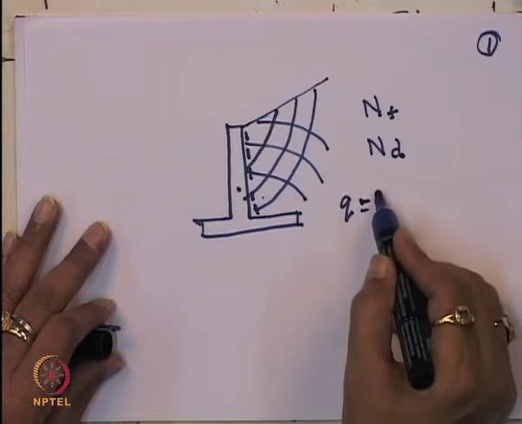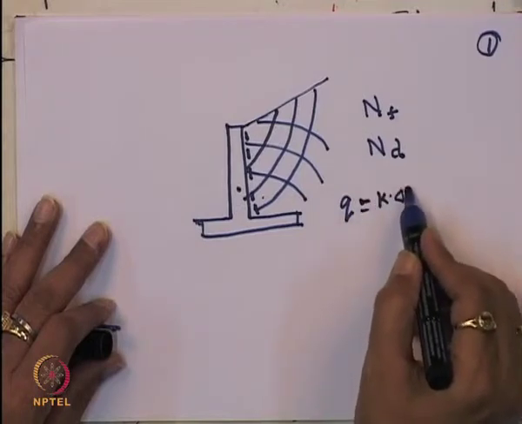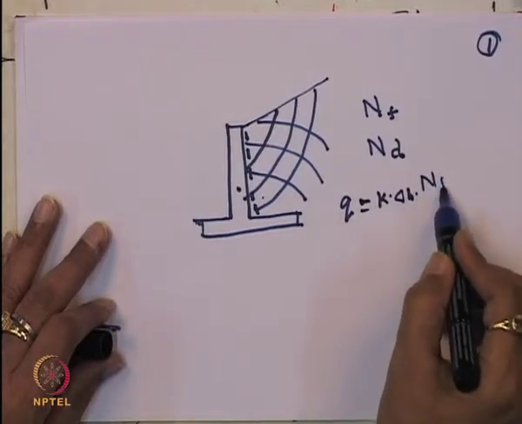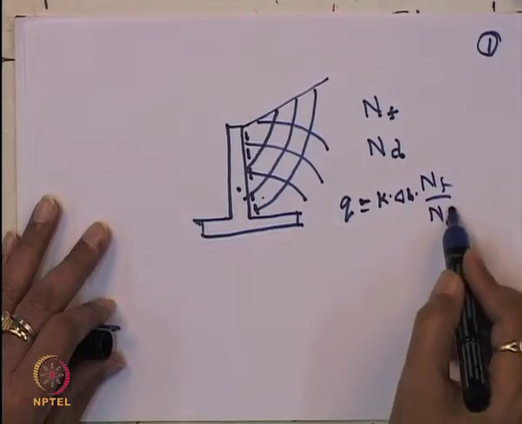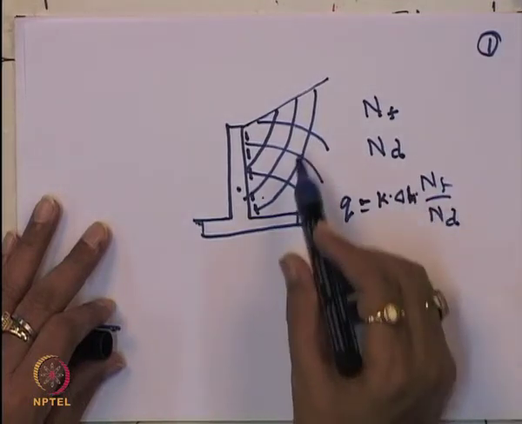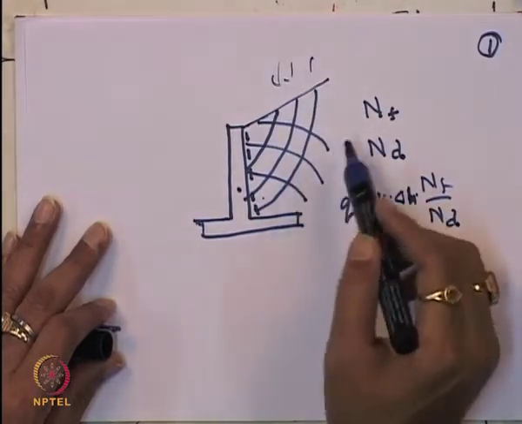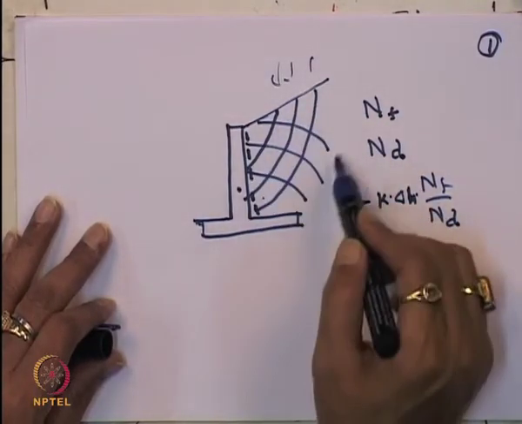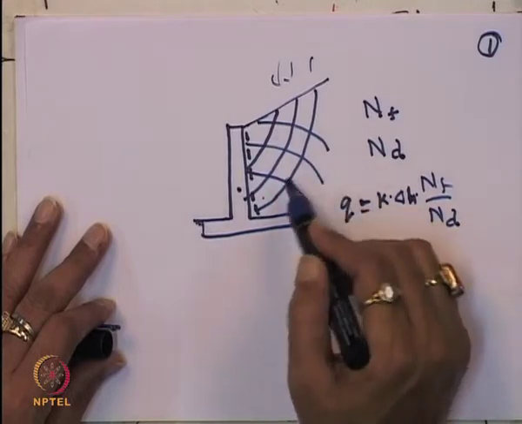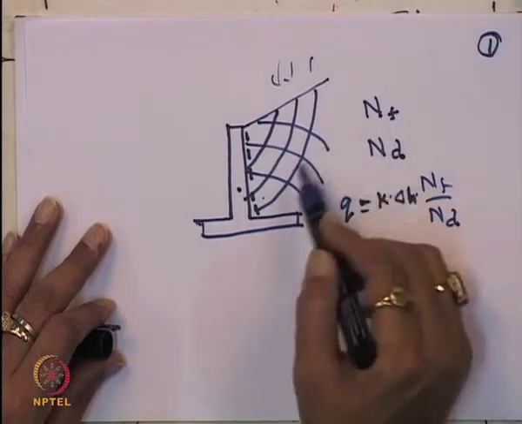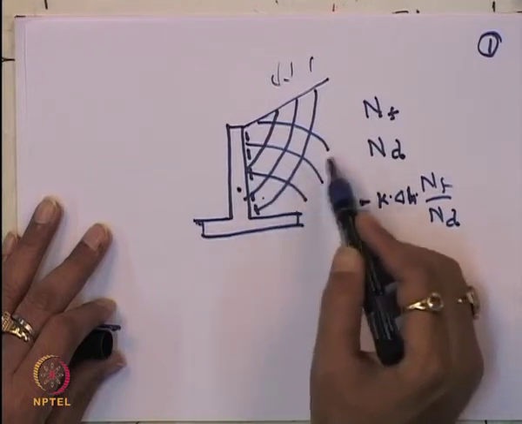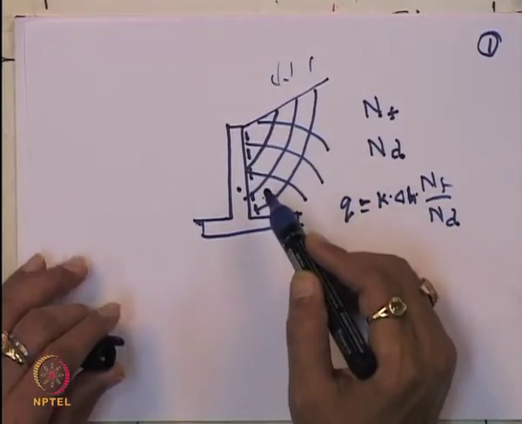That means Q is equal to K into delta H into NF divided by ND. If rain water comes from this side, first of all you should know, in that locality, what quantity of water passes through this geosynthetic material.